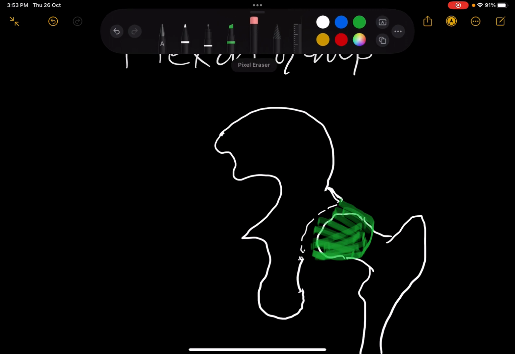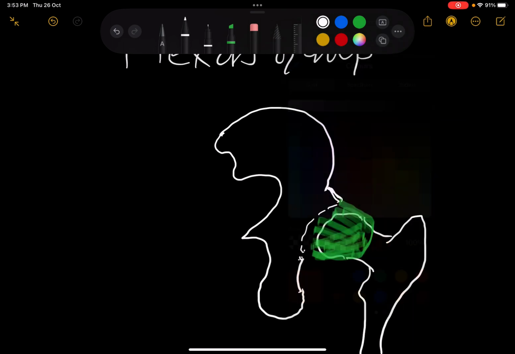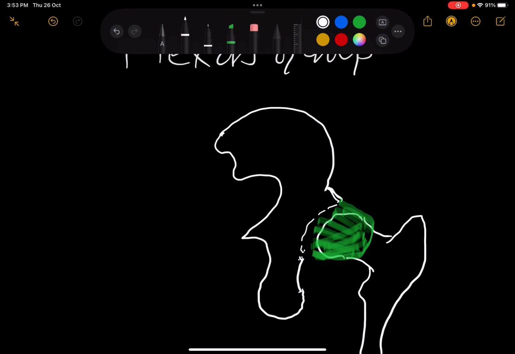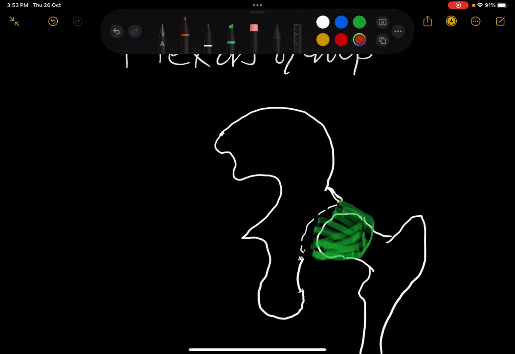Then you find the obturator externus muscle coming from in front, winding round the neck and getting attached to the trochanteric fossa. So this is the muscle that covers the lateral part of the neck. So this is obturator externus.